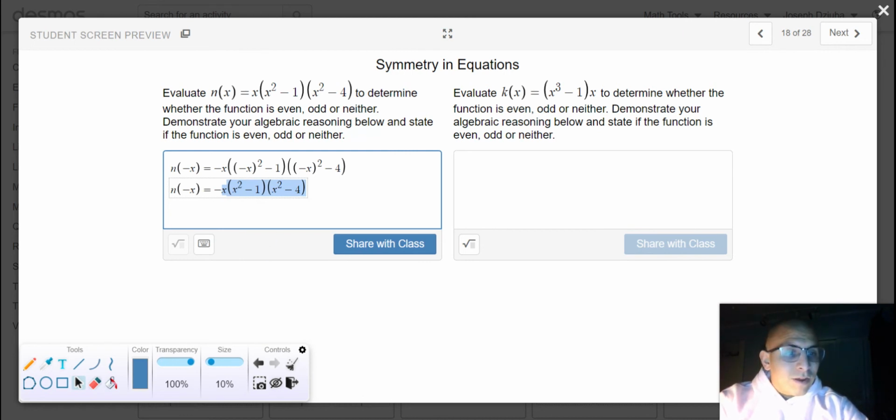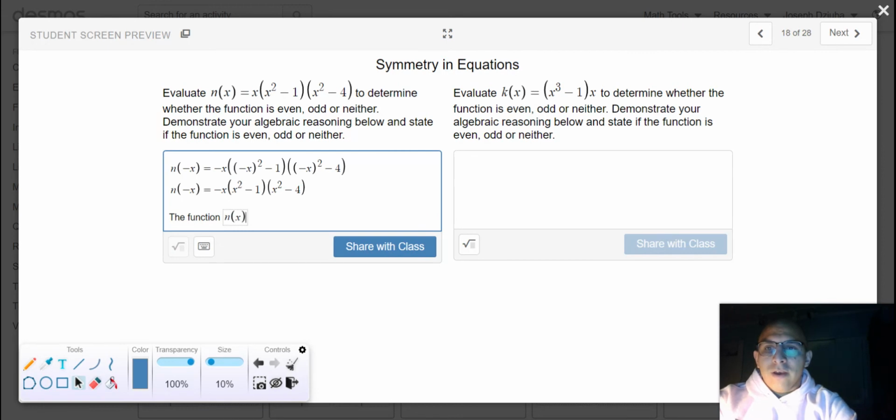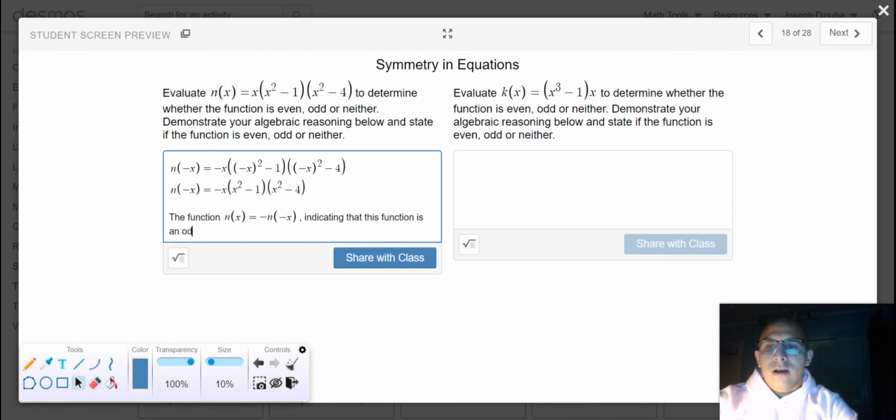Yet there's a negative out front. So what is happening is that the function n of x is equivalent to negative n of negative x, indicating that this function is an odd function.